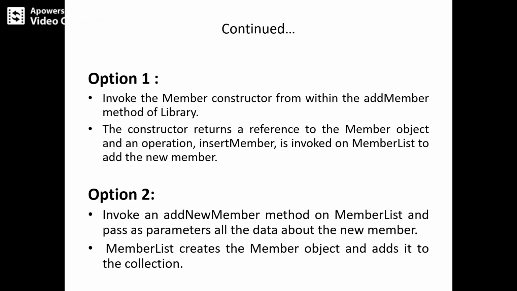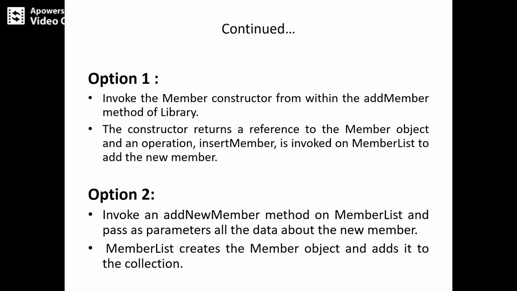The constructor returns the reference to the member object, and an insert member operation is invoked on the member list to add the new member. So this is option one: create the member object and add it to the list of members.